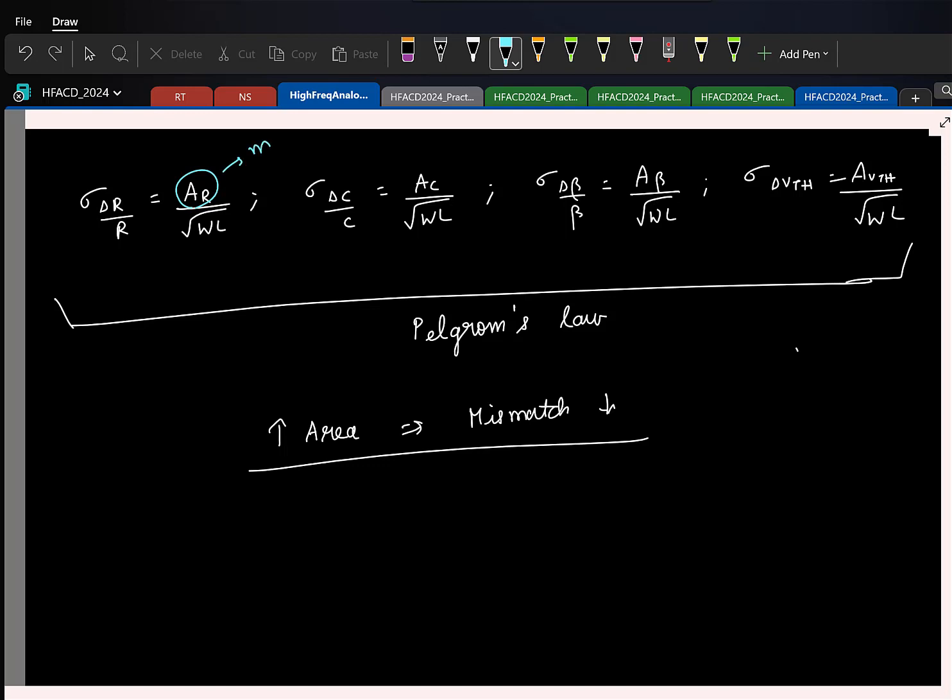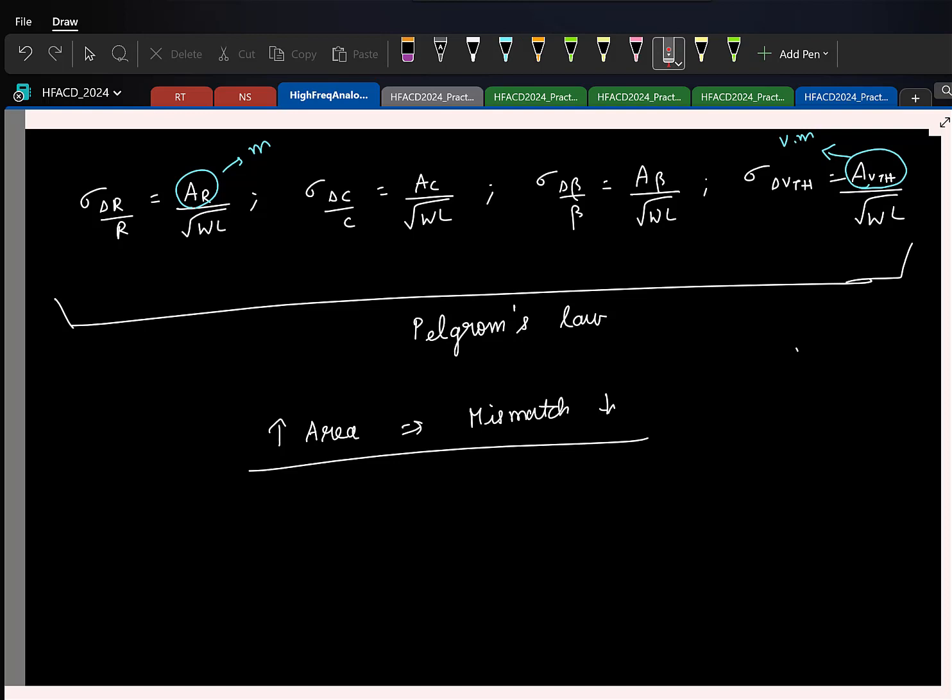So for everything it is the case except for VTH. For this one, what is the unit? I mean, what is the unit of sigma VTH? Volts. So this should be, sorry, volt-meters. Cool. So is this clear?